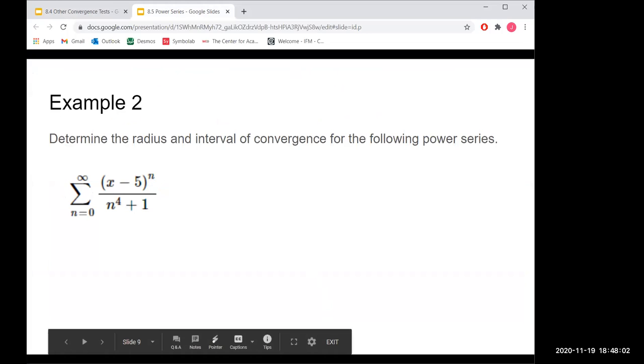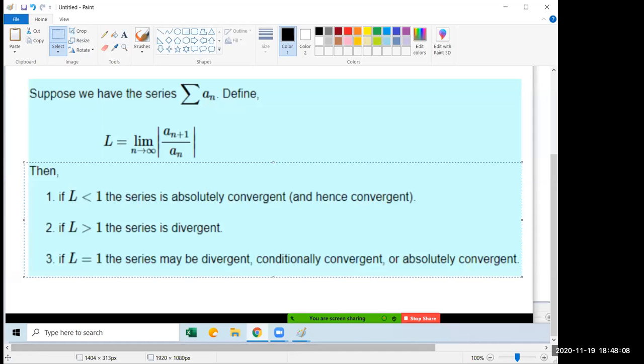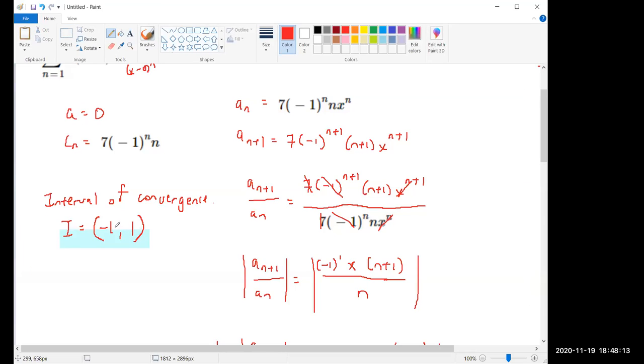The radius of convergence. Oh yeah, I forgot about that. Let me go back. Here. So our interval of convergence was from -1 to 1. So what is your radius of convergence there?